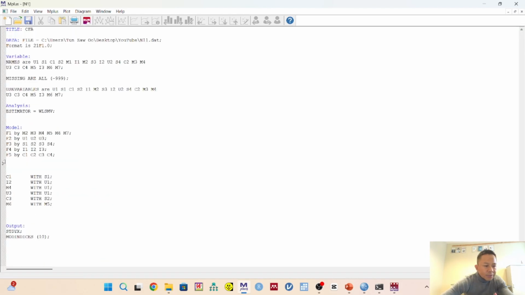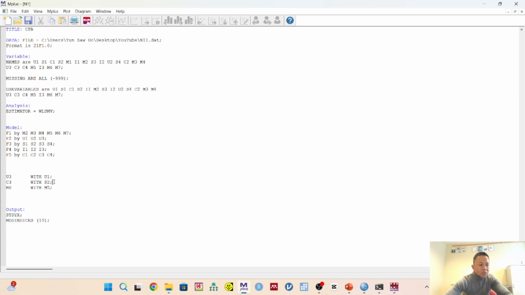Here, for example, C1 and S1, it is a different pattern. We will remove it. I1 and U1, it is also a different pattern correlation. I will remove it. M1 and M4 and U1, different pattern correlation. For example, U1 and U3, this is the correct one. We cannot remove it, we can use it. This is theoretically correct.